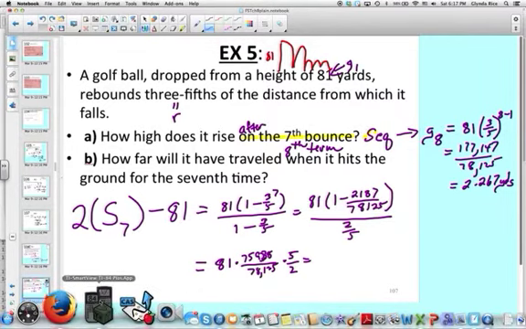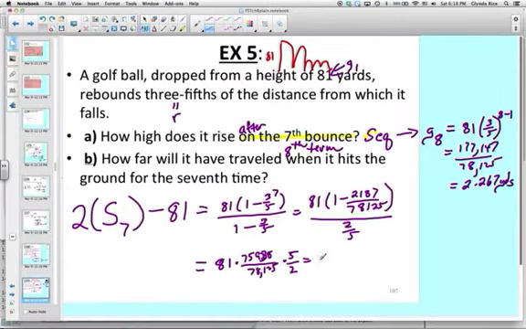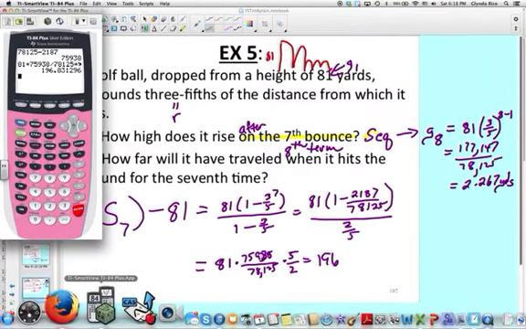So in my calculator, 81 times 75,938 divided by 78,125, then times 5 divided by 2, 196.83.